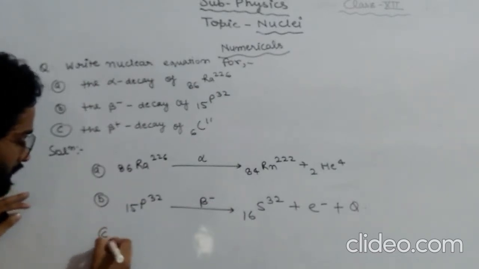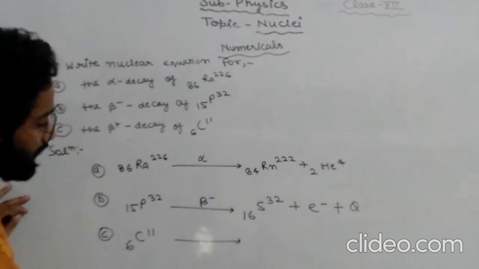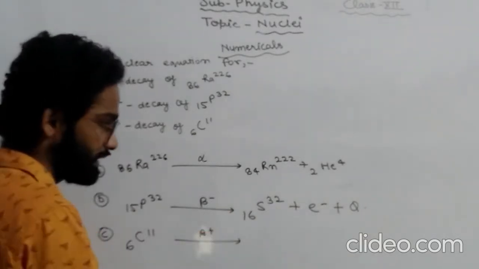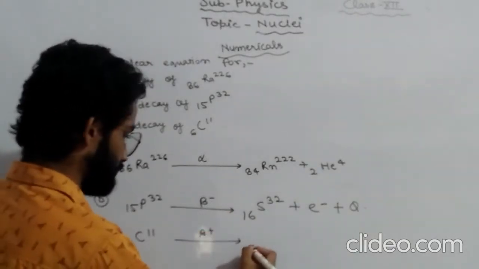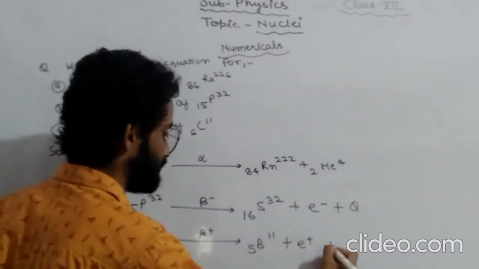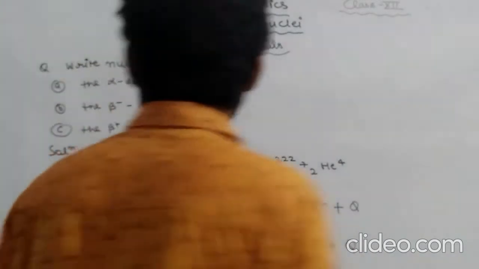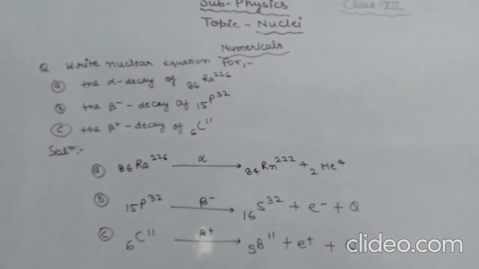And here 6C11, what are we taking? Beta positive decay. It is having a beta positive decay, then 5 boron 11 plus e positive plus energy. So this is all about this numerical, I hope you have got this numerical.